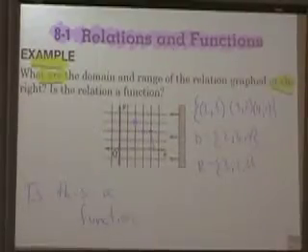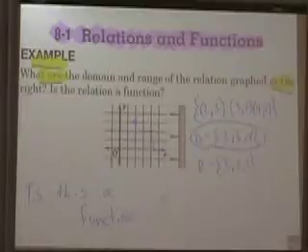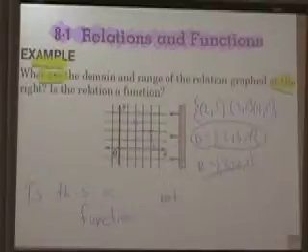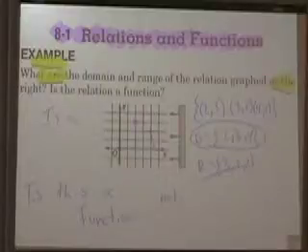If the same number occurs twice in the domain, it's not a function. If the same number does not occur twice in the domain, it is a function. The range doesn't matter. It can occur as many times as it wants in the range. But does any number occur more than once in the domain? No. So this is a function.